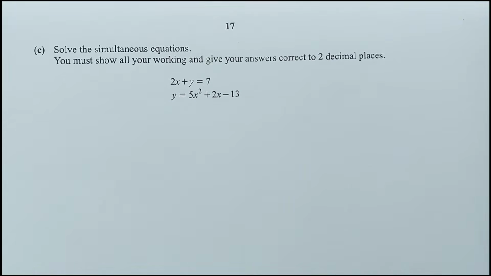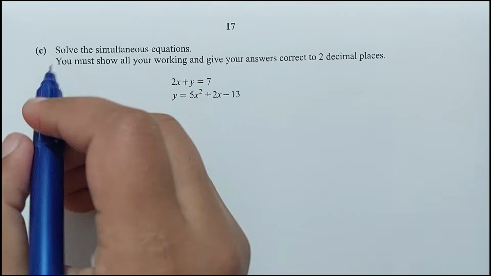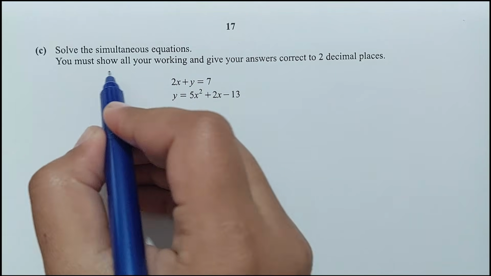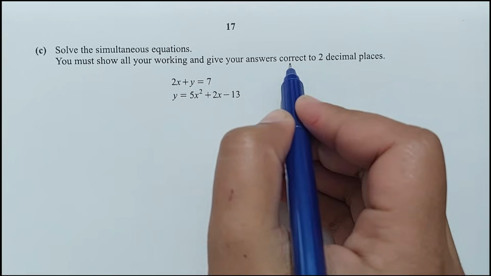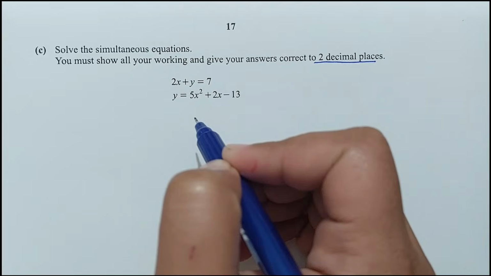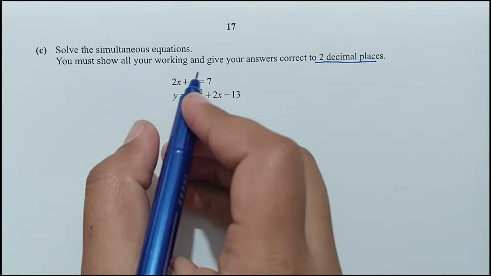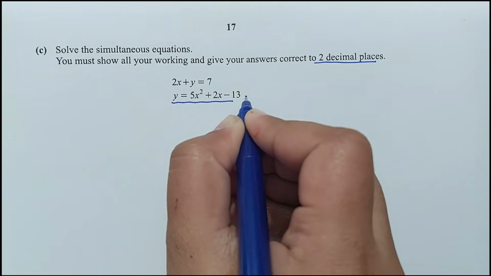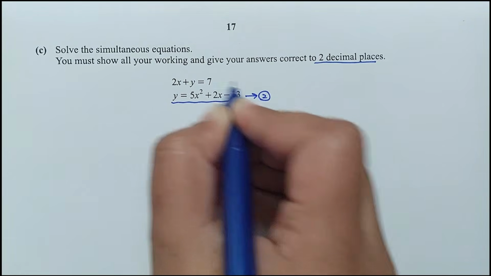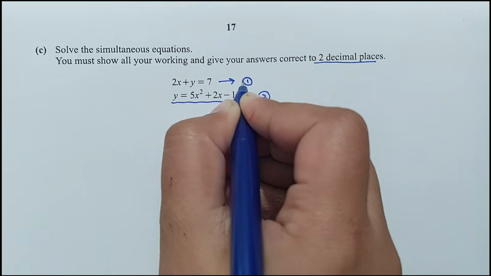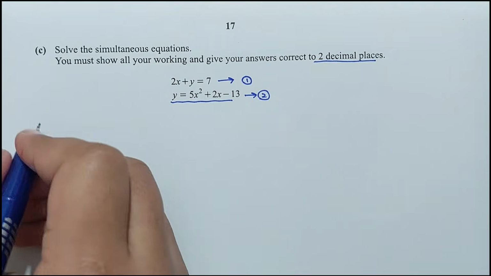Right. Now for part C. Solve the simultaneous equation. You must show all your working and give your answer correct to 2 decimal place. Okay. So from here we have the y value. This is my second equation and this is my first equation. Let me substitute the second equation into the first equation.